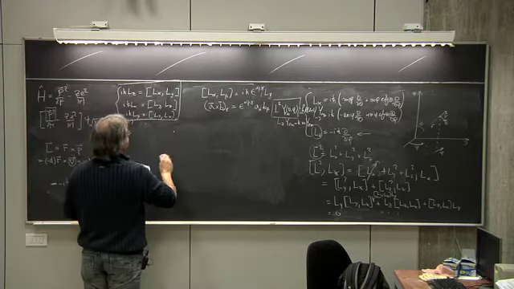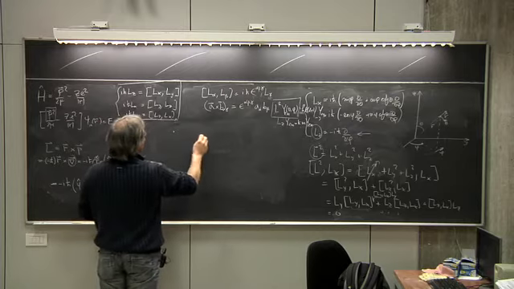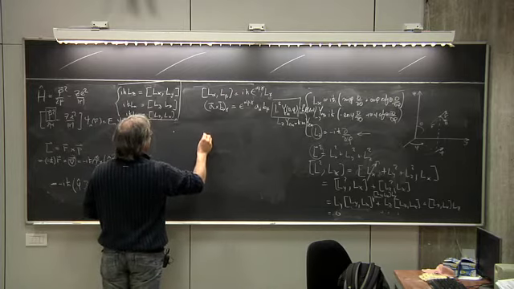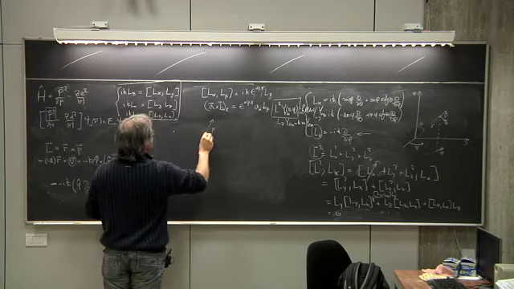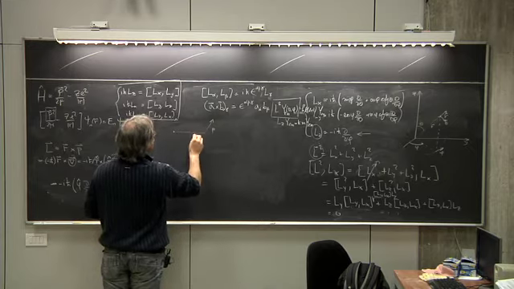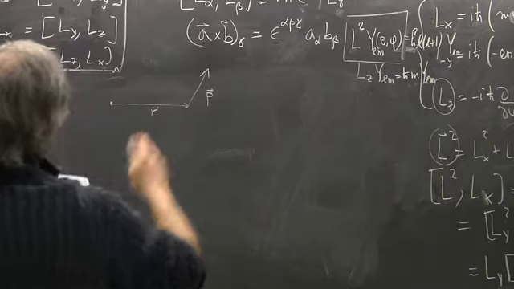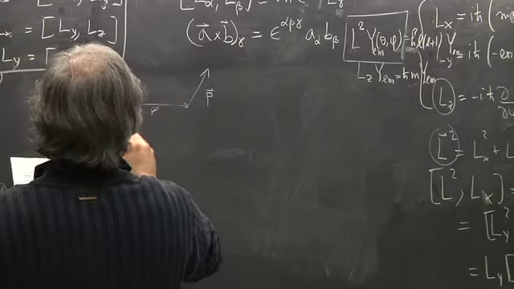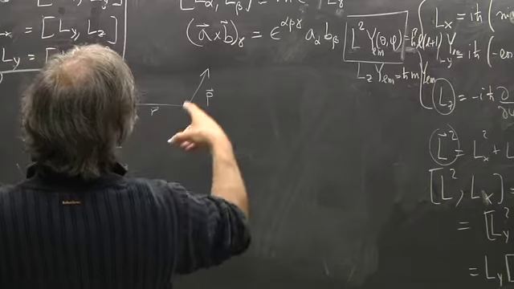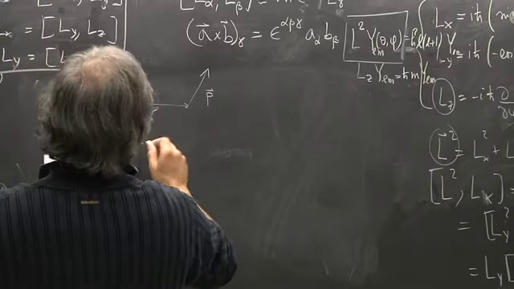If I have a particle with a certain momentum, at a certain distance r from the origin, it's clear that the angular momentum squared is simply equal to what?